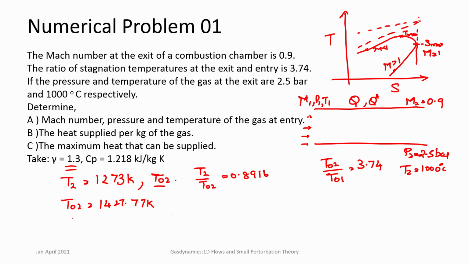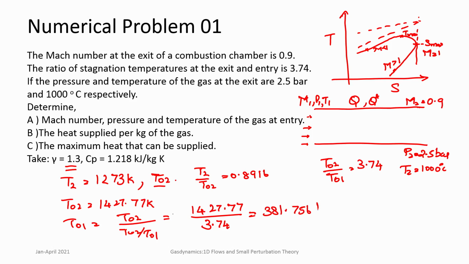Now, we know T02 and we know T02 by T01. So, T01 can be found as T02 divided by T02 by T01, which is 1427.77 divided by 3.74, which is 381.756 Kelvin.